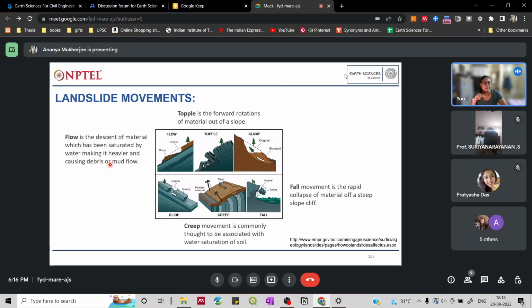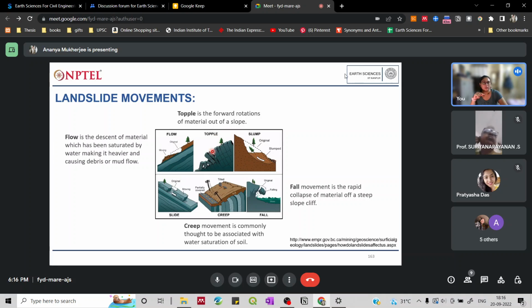Now debris consists of a lot of different kinds of sediments and materials. It can have rock blocks, it can have mud, it can have pebbles, cobbles. And the mud or the soil gets saturated with water, and it starts flowing, as you can see in this area. So over here, this is probably the surface of rupture, and the material that was over here has slid down. So this is the flow.